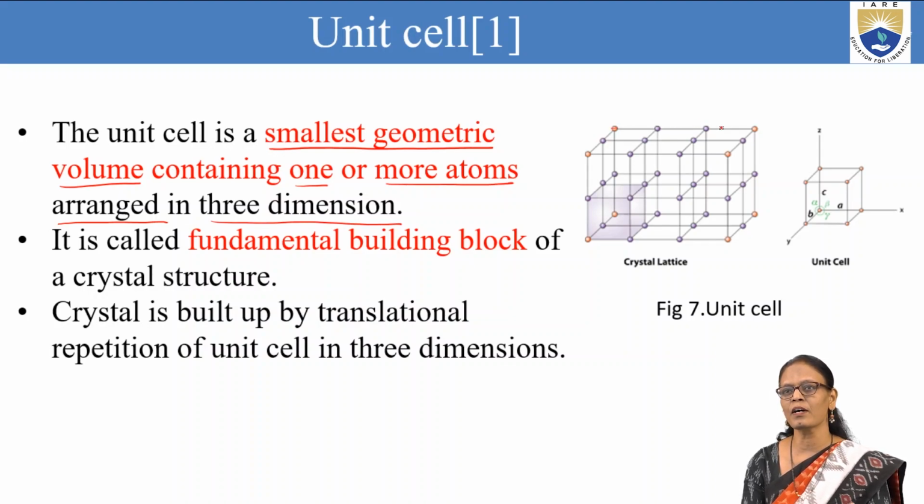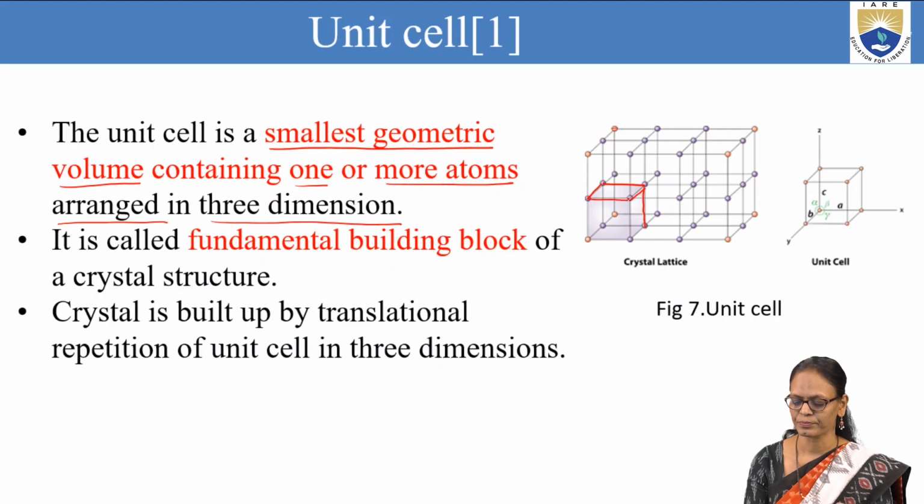Till now we have been looking at this figure, which is a crystal lattice. So, what is a crystal lattice? These are the lattice points which are arranged in a regular fashion. Now, if we take the basic structure, the smallest geometric volume, I can say this is the smallest volume we have here.